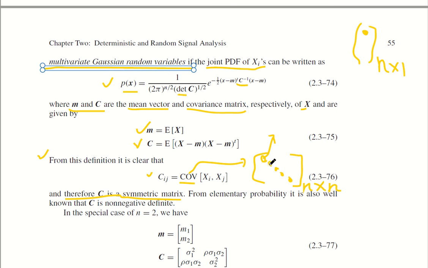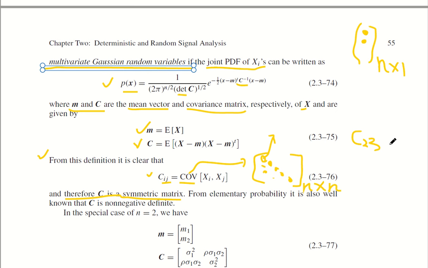Right? The second element is the variance of the second element, and so on and so forth. And how about Cij? For example, this off diagonal element, according to its subscript ij, it's the I with respect to j. So let's say C2,3.